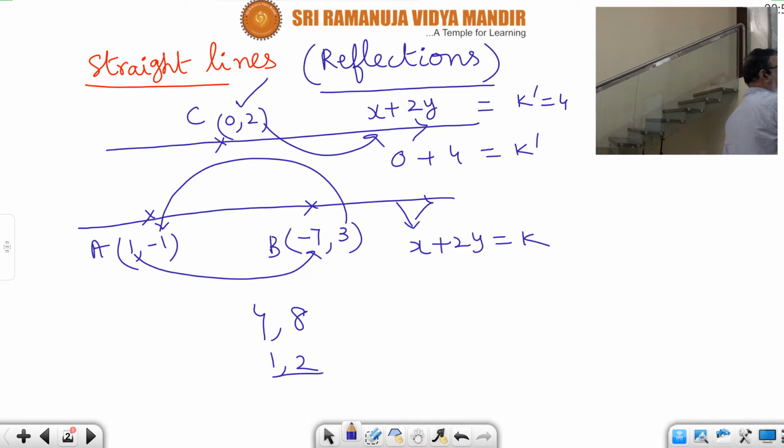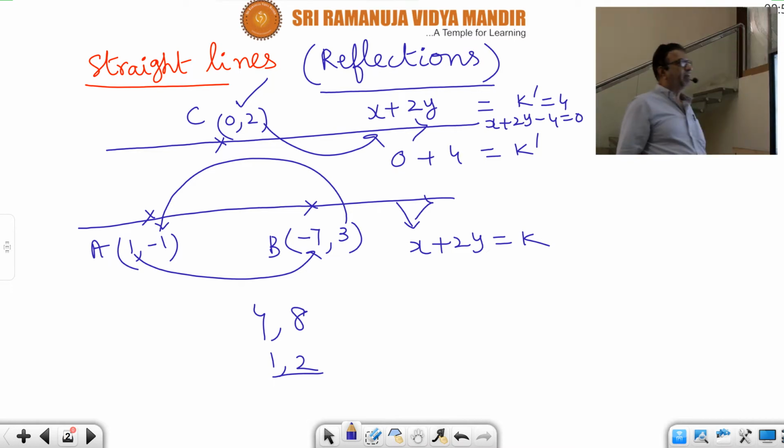Bring that 4 to the left side. So the required answer is x plus 2y minus 4 is equal to 0. So for parallel lines, same method: difference of y coordinates, difference of x coordinates in the opposite direction. For finding the constant, you have to substitute the suitable point.